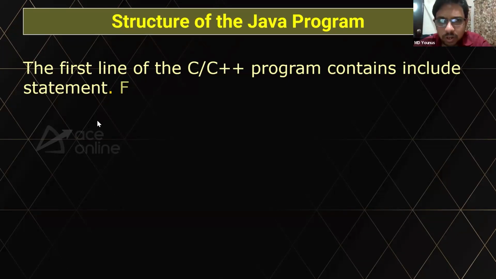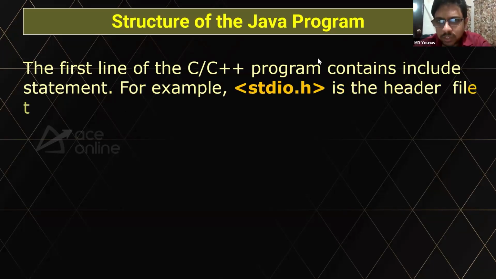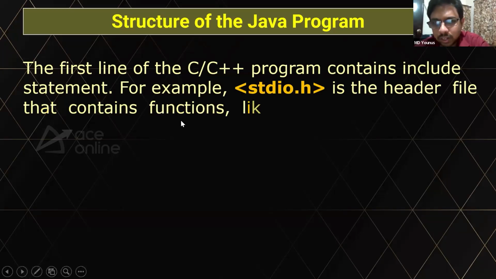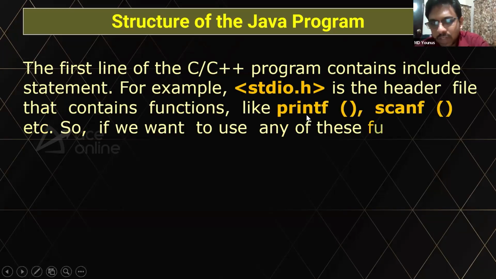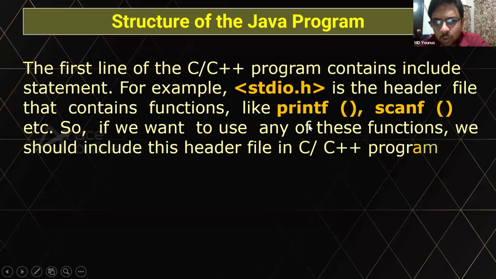Generally the first line of a C++ program contains an include statement. For example, we will be including the header file called stdio.h, which stands for standard input output header file. It contains functions like printf, scanf, etc. If you want to use any of these functions, we should include this header file in the program.